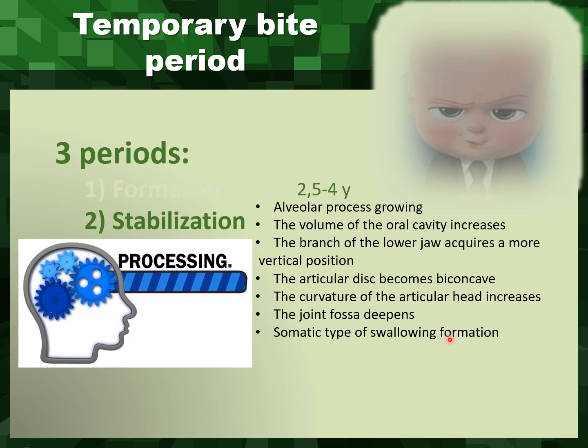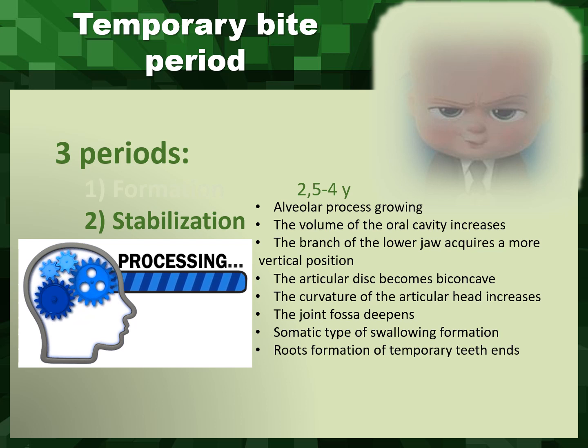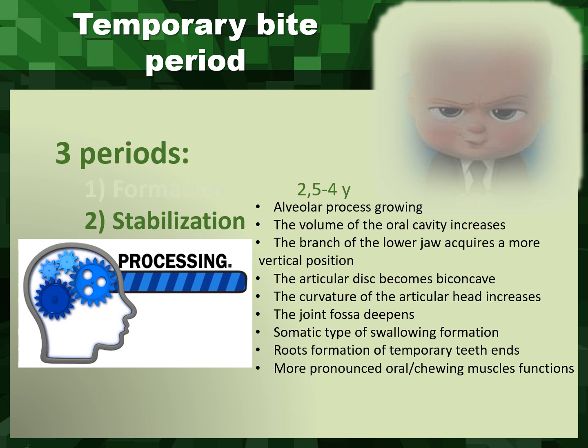So the same signs as in the formation bite period, but what are the differences? Root formation of temporary teeth ends, and more pronounced oral and chewing muscles function, because the child begins to chew.